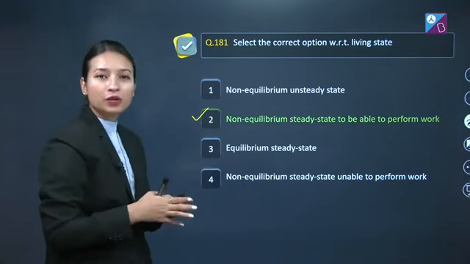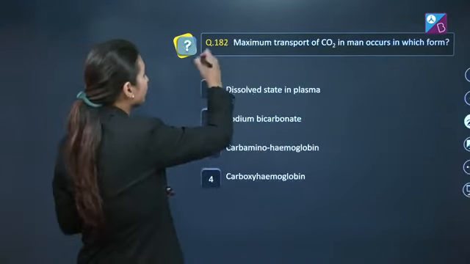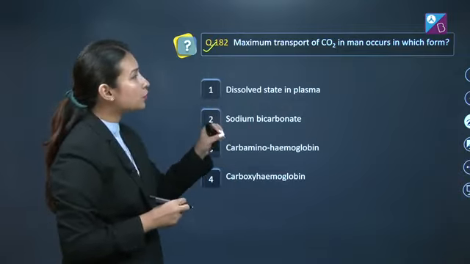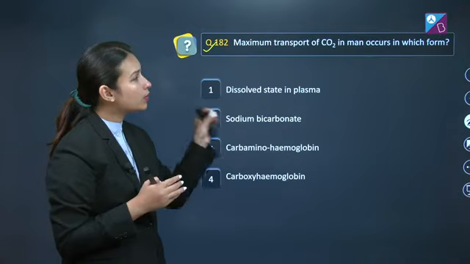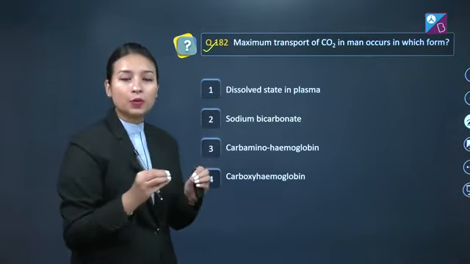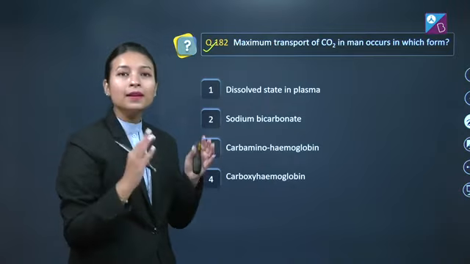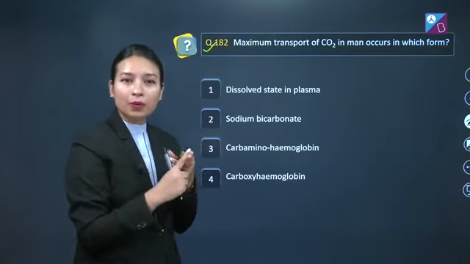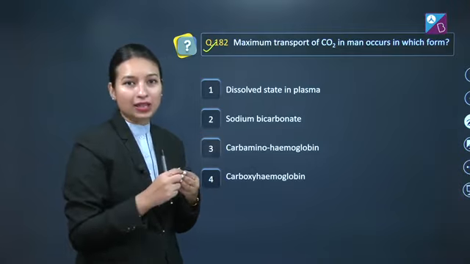Now let's move on to next question, that is question number 182, which states maximum transport of CO2 in man occurs in which form? So students, in humans CO2 is transported mainly in 3 forms, that is dissolved form in plasma, in the form of carbaminohemoglobin and as bicarbonate ions.